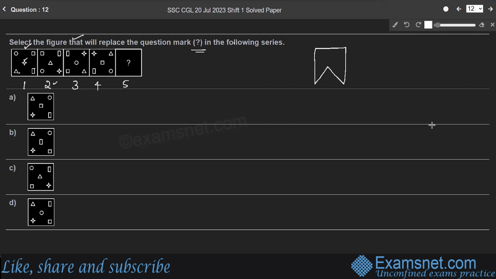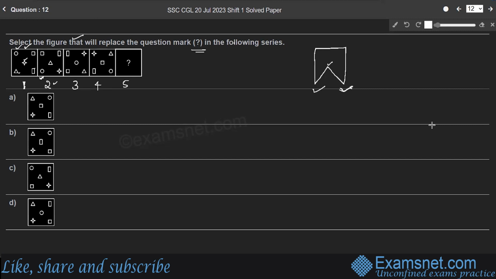Let us consider the shape which is the circle, right? The circle starts in the first figure. This circle is shifted to the second position, which is here, below. And again, it changes its position to the middle in the third figure. And it goes here, which I am showing now, to the right bottom corner.